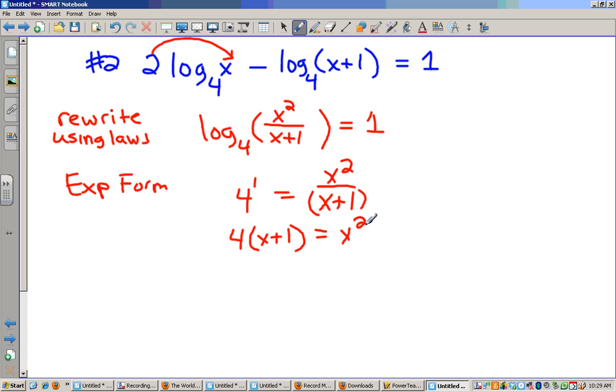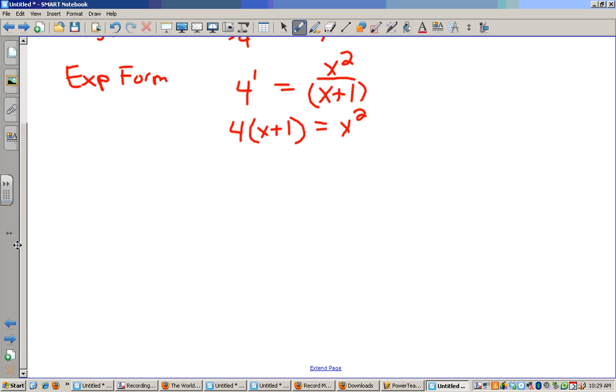Now you can do 4x plus 4. Okay. So now we're going to have 4x plus 4 equals x squared. So x squared minus 4x minus 4 equals 0.